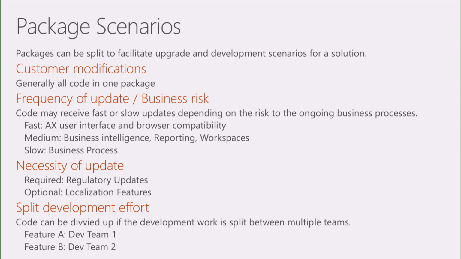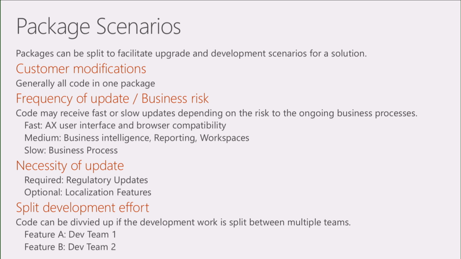Sometimes, the rest are more ISV scenarios. So sometimes as an ISV, you may want to split up the packages depending on how often you expect them to be serviced. For example, the platform we expect to be serviced quite often, so they want to have that as a separate package with no overlayering so that they can service it fast and frequently. And those things should be lower risk to the business.